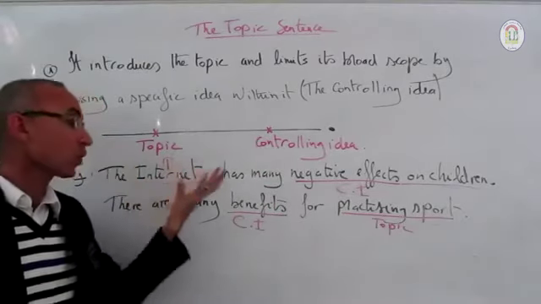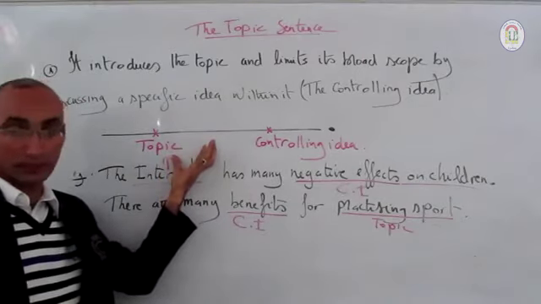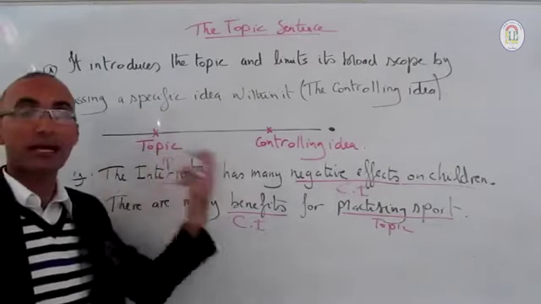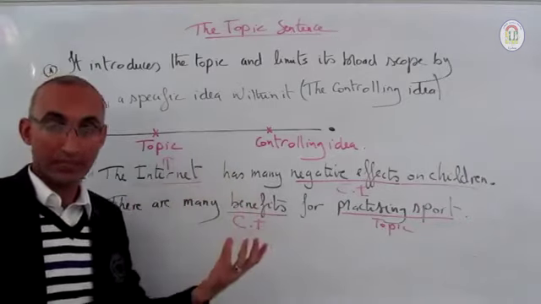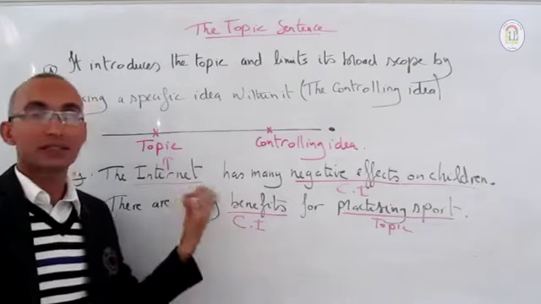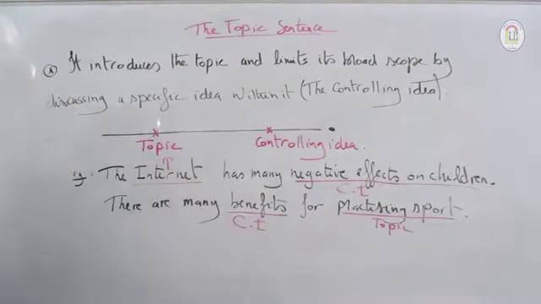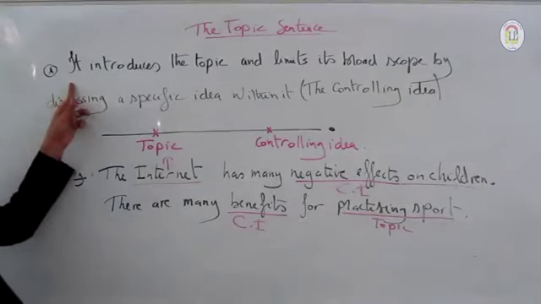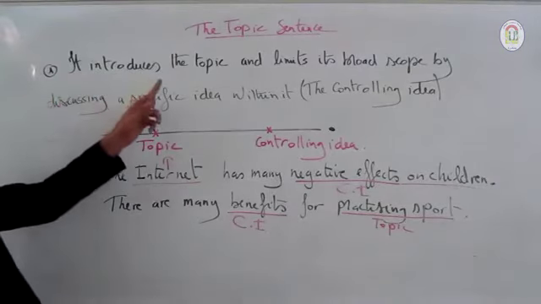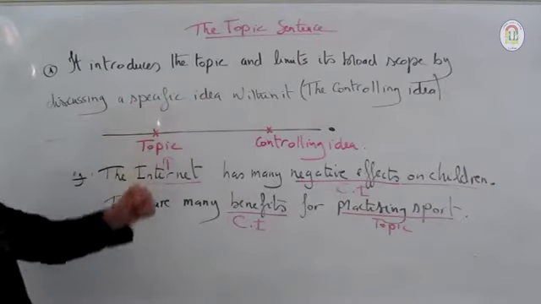Here we promise our readers, we inform them about what the paragraph will be about and what will be discussed within the fold of its few lines. So, number one is introduce the topic and limit its broad scope by discussing a specific idea within it.